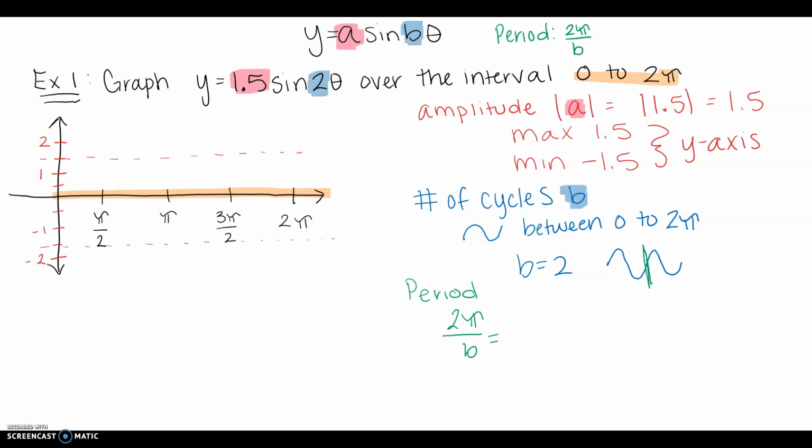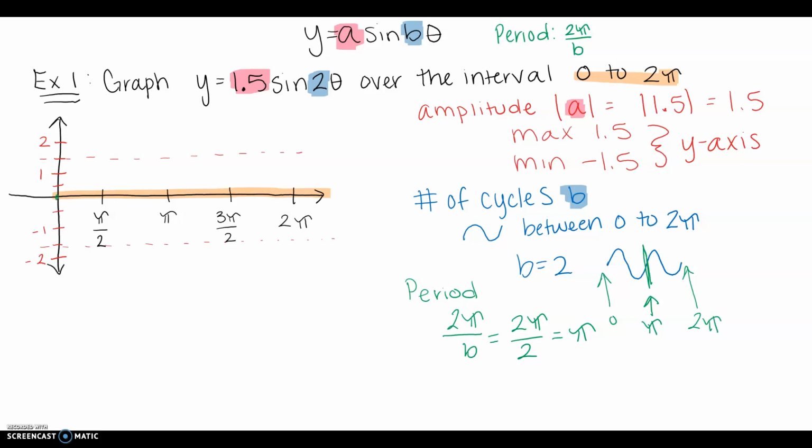And we just said b is 2, so we have 2 pi over 2. Well, 2 divided by 2 is 1, so it's just pi. So this mark right here will be at pi. We know this is at 0, and then this will be at 2 pi.